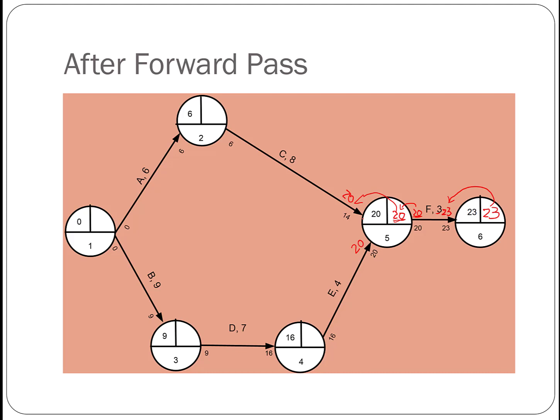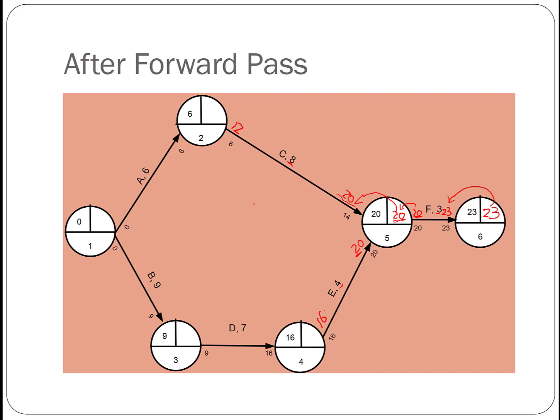Now we look at C first. It takes 8 days to complete C, and C has to be done by day 20 at the latest. Then the latest start time for activity C will be 12, which is 20 subtract 8. And for E, we use 20 to subtract 4, and we get 16 here.